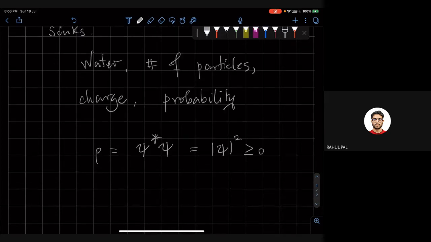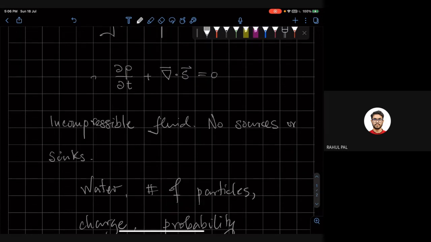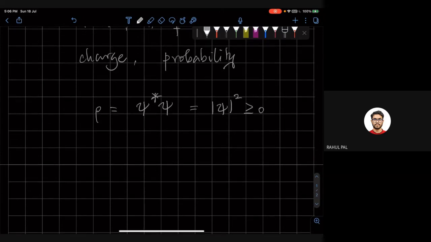So you have to derive from Schrodinger's equation an equation of this form, with the probability density given by this expression, and the current density, which is a three-vector, given by h-bar by m, which is a real number, times the imaginary part of psi star gradient of psi, which is also a real number.